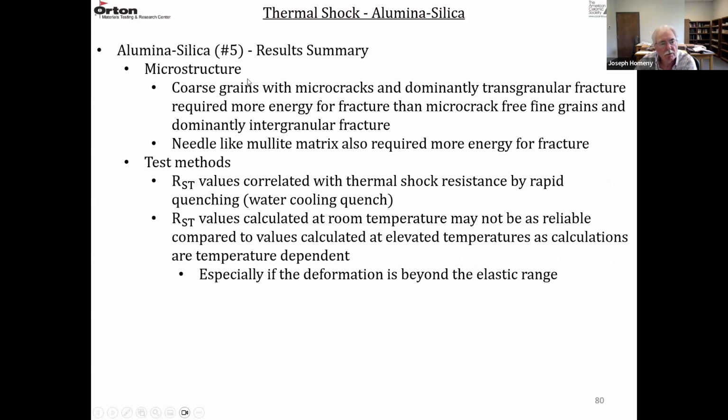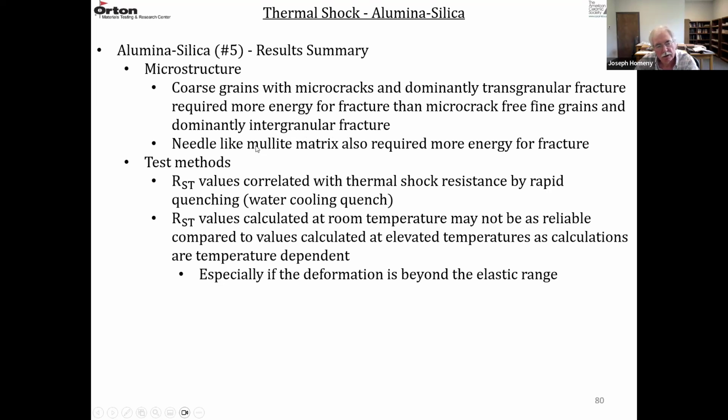So for the summary here, they're saying the coarse grains that were microcracked with this transgranular step-like fracture required more energy for fracture than the microcrack-free finer grains of the 80% alumina material, which mostly had intergranular fracture.